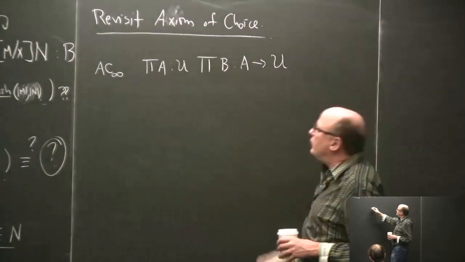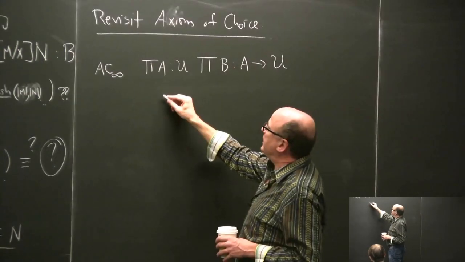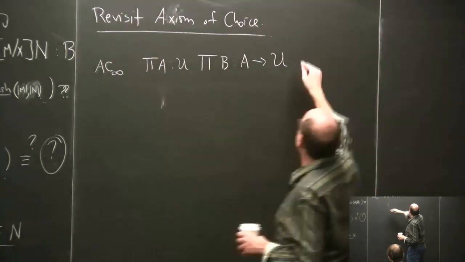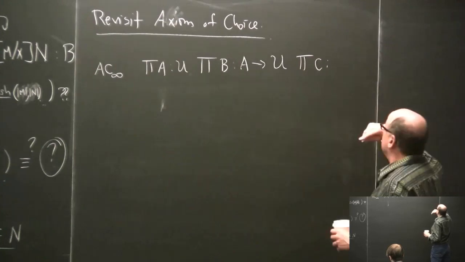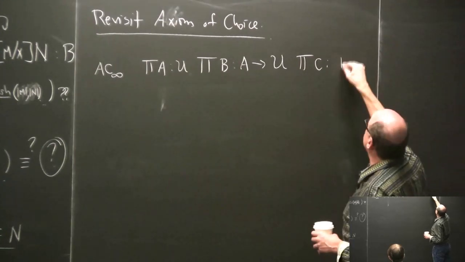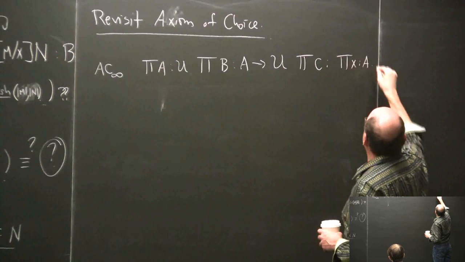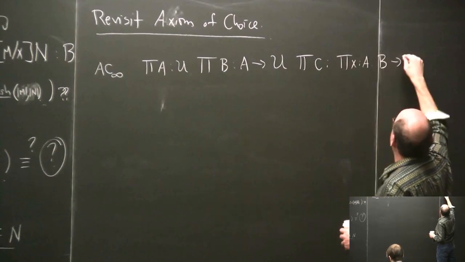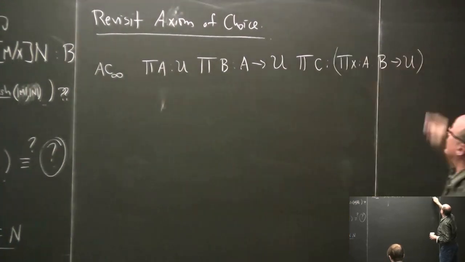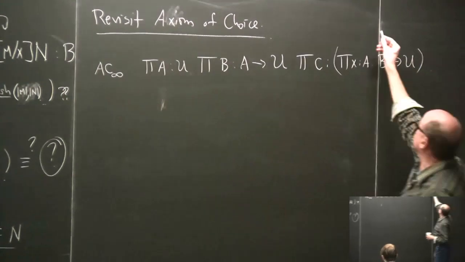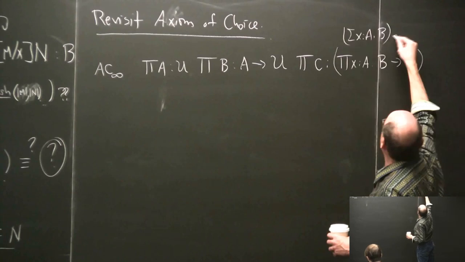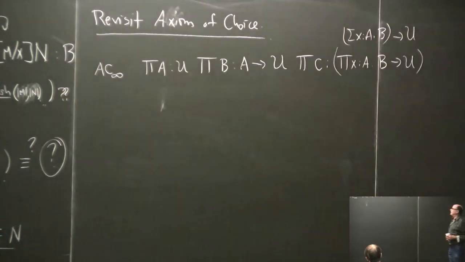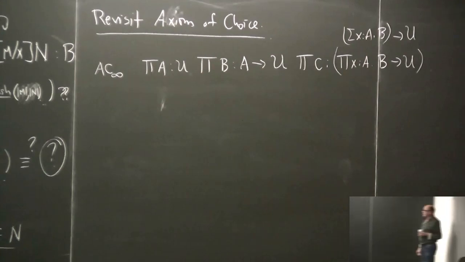Then what we said was the expression of the axiom of choice was saying: if you have a total relation C, which in full generality is a pi over x in A of B arrow U, or if you like, you can think of this as a sigma over x in A of B arrow U, that's the same thing, up to minor differences, an equivalent type.